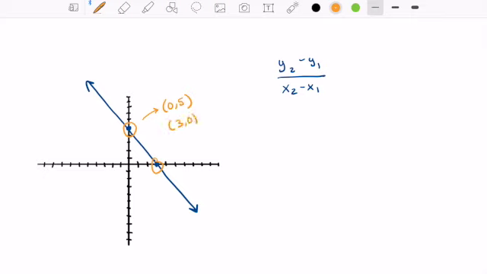And I'm going to plug that into my slope formula. We'll call this x2, y2. This will be x1, y1. And here, we're just going to go ahead and plug it in. So I get y2 minus y1 over x2 minus x1. 0 minus 5 gives me negative 5. 3 minus 0 gives me 3.